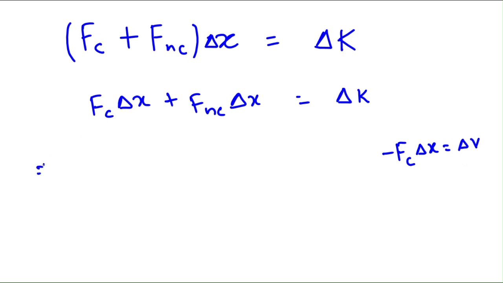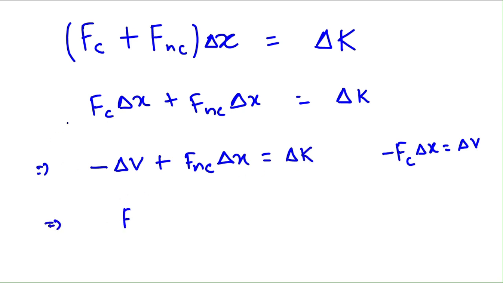So we can write here that this Fc times delta x should be minus delta V, which is the change in potential energy, plus the non-conservative force Fnc times delta x equals delta K. And then we will have Fnc times delta x equals delta K plus delta V.